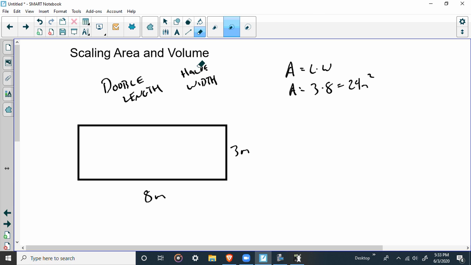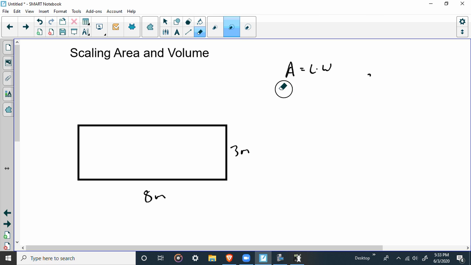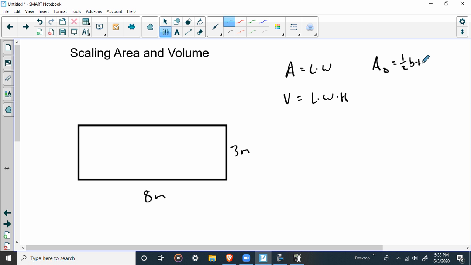And the big thing you have to remember with this is that whether it's area, length times width, or volume, which is length times width times height, or area for a triangle, 1/2 the base times the height, or the volume of a prism, we always said that was the area of the base, capital B, times the height.